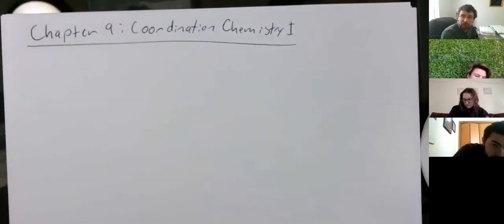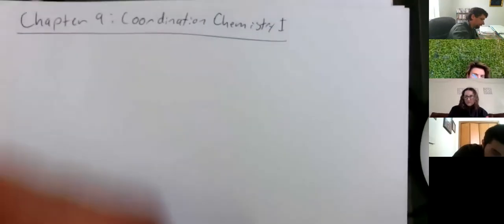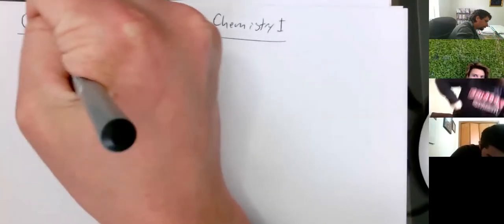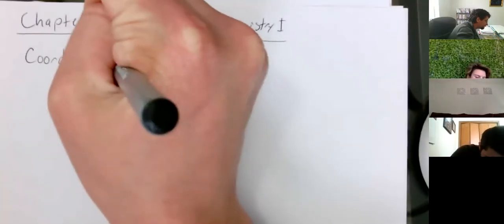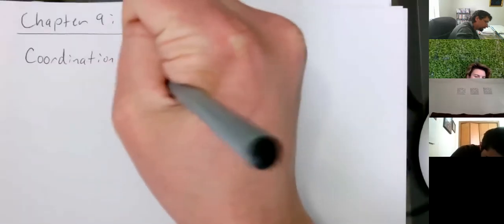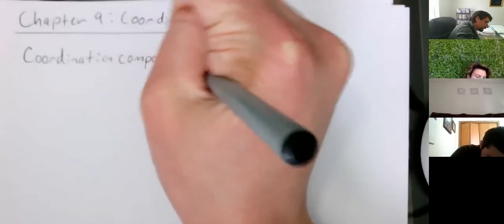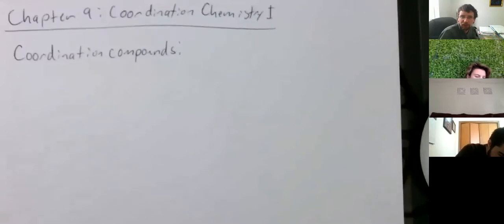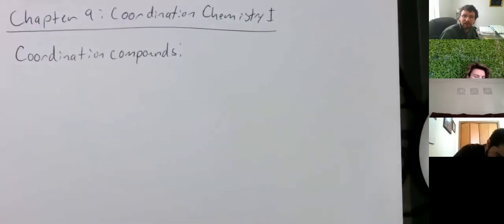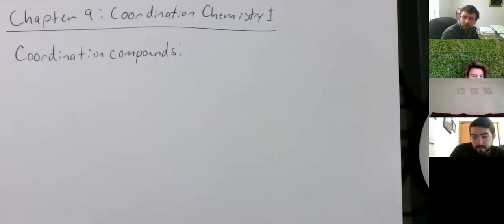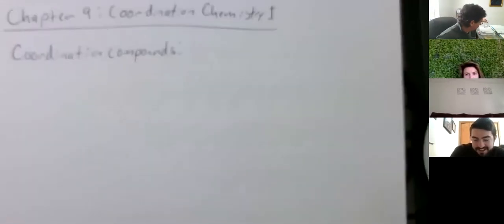Okay, so before we go on, we have to define what a coordination complex or coordination compound is. Has anyone ever heard that term before or know what it means? They typically deal with inorganic compounds, and it's like the metals that have a bunch of ligands attached to them.